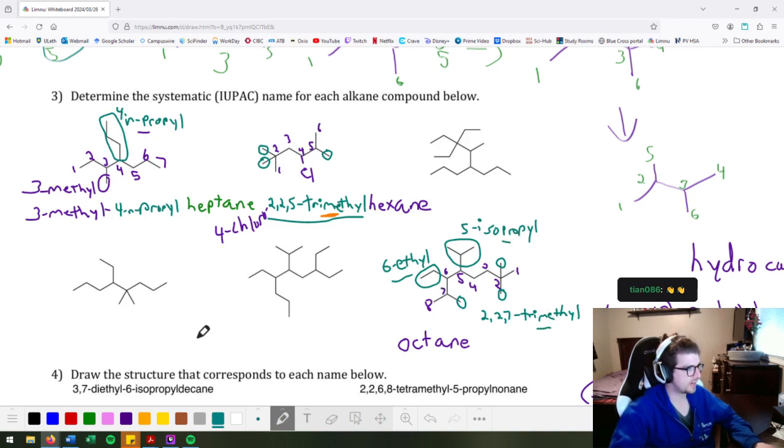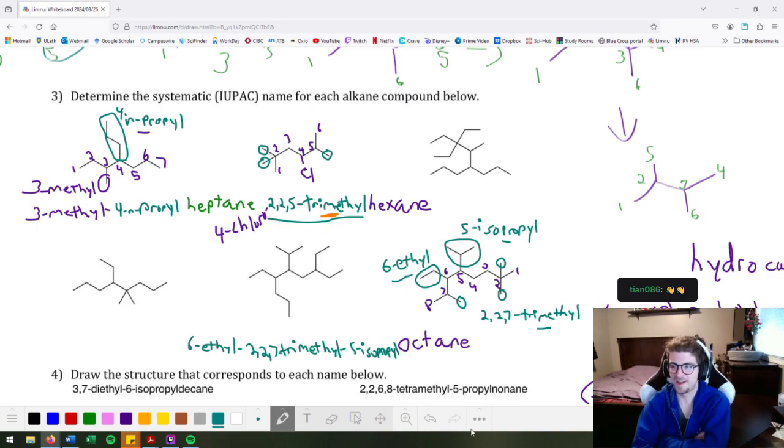So we're going to say 6-ethyl-2,2,7-trimethyl-5-isopropyloctane. Ha! Fits perfectly, like I planned it that way.